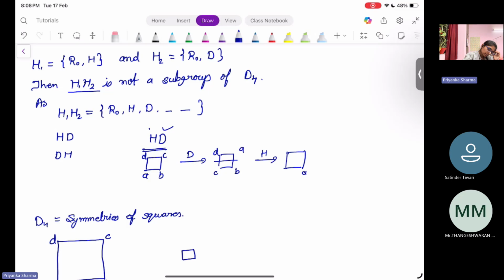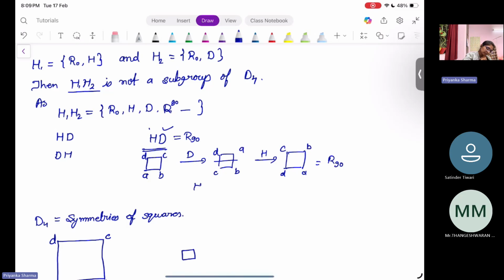So this is A, B, this is D, and this is C. So this is actually rotation by 90 degrees. This is R90. So HD is R90. This is how we define this. So R90 will be there.